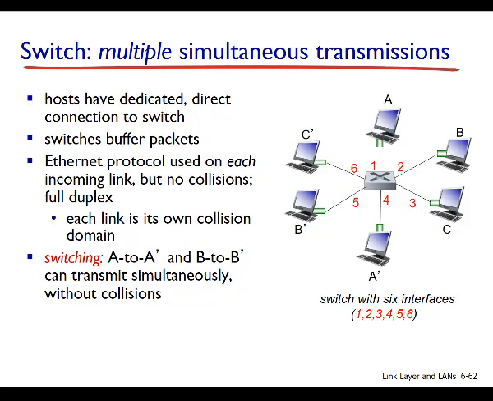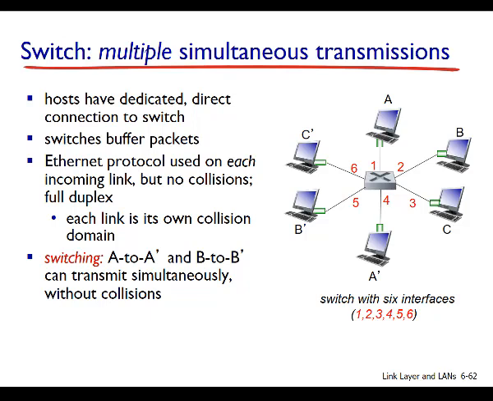And the Ethernet protocol is used on each incoming link, but there are no collisions because there's typically only one host on a spoke of the switch, if you would. And it is full duplex, which means, say, interface B prime can be sending data to the switch at the same time that the switch is sending data down to B prime.